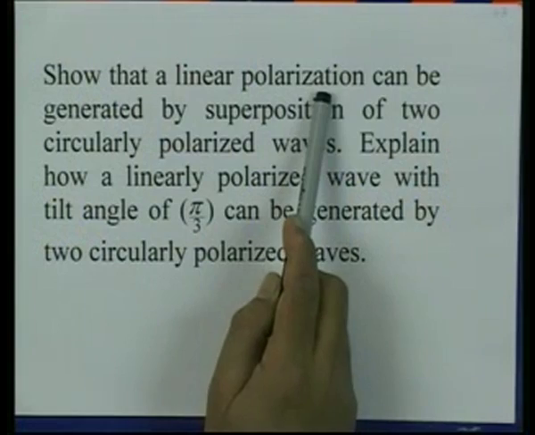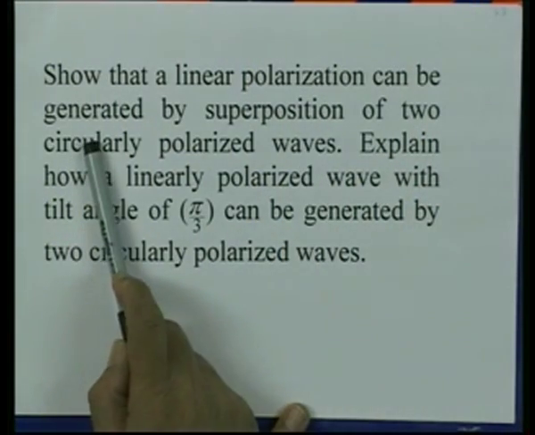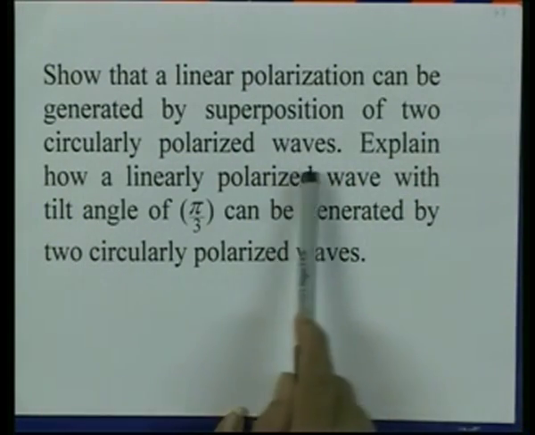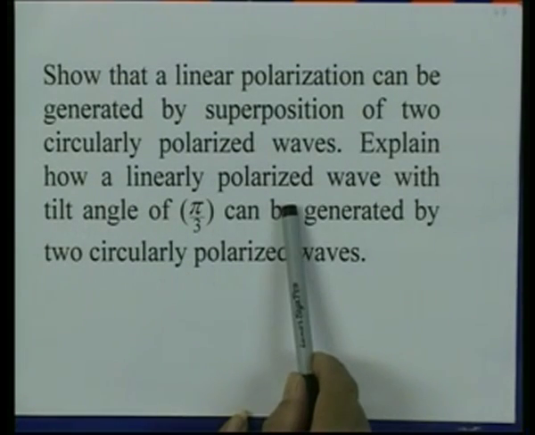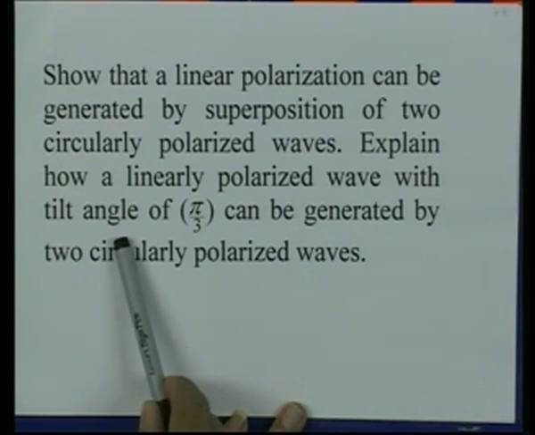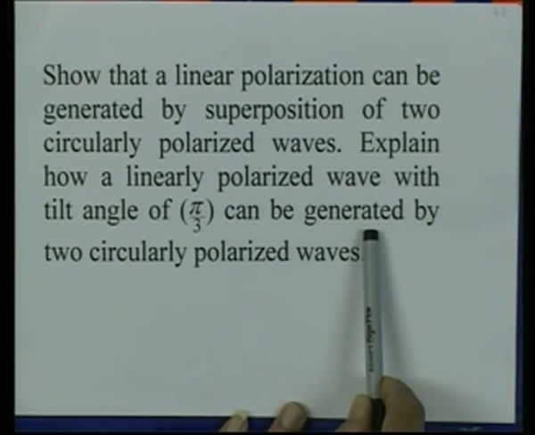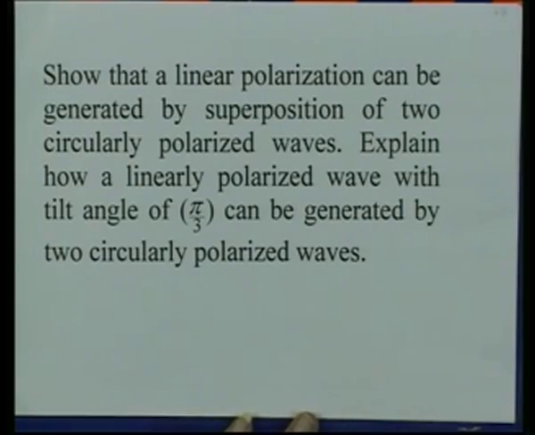So, let us take a problem here. Show that a linear polarization can be generated by superposition of two circularly polarized waves. Explain how a linearly polarized wave with a tilt angle of pi by 3 can be generated by two circularly polarized waves.